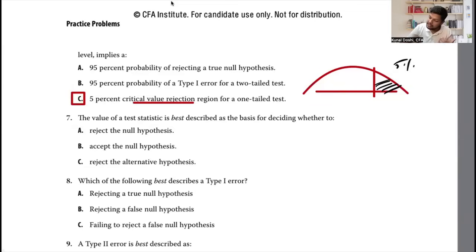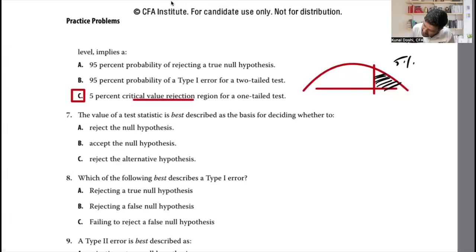Understood? A and B are incorrect statements because A says 95% probability of rejecting a true null. By the way, rejecting a true null is type 1 error. Type 1 error is equal to alpha. So A is wrong. 95% probability of type 1 error for a two tail, both A and B are the same statement.